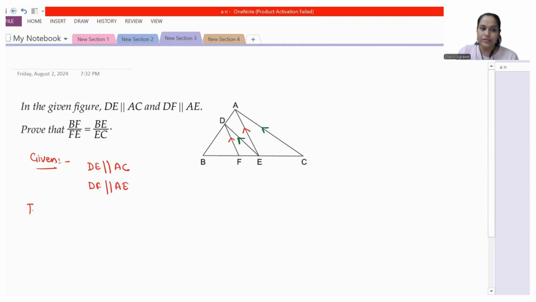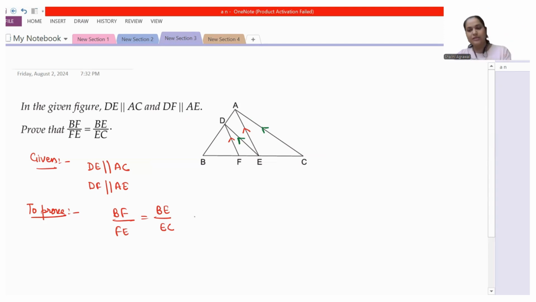What I need to prove is BF upon FE is equal to BE upon EC. So this is given and this I have to prove.